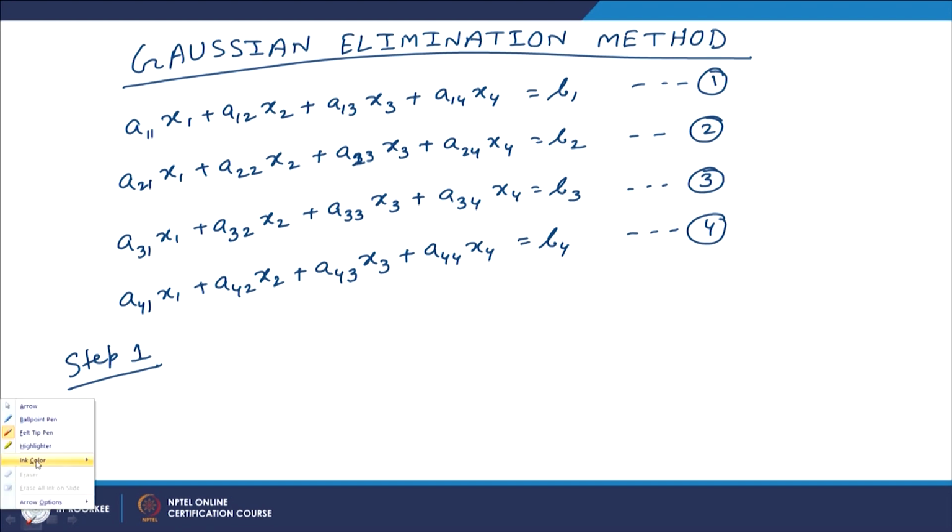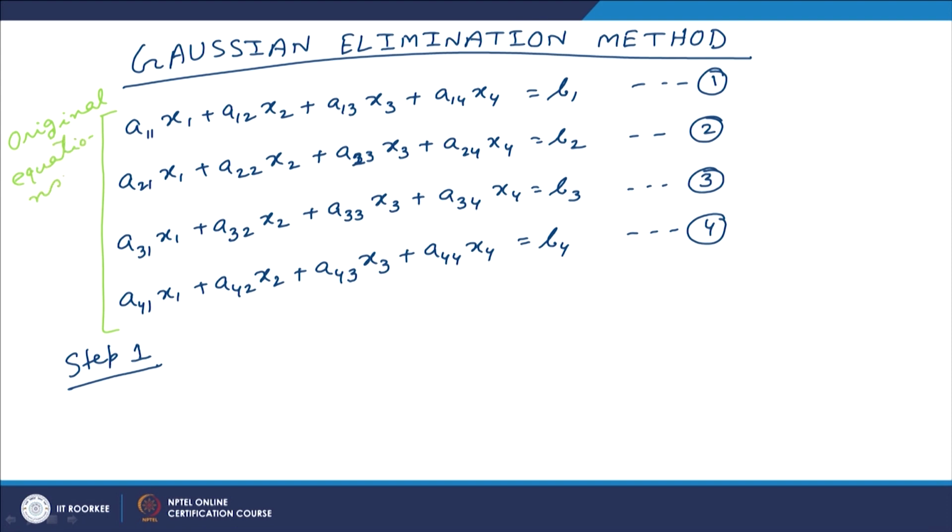In the first step, we say that these are the original equations. We divide equation 1 by A11. We take A11 as the pivot element, and divide the entire equation 1 by this pivot element.